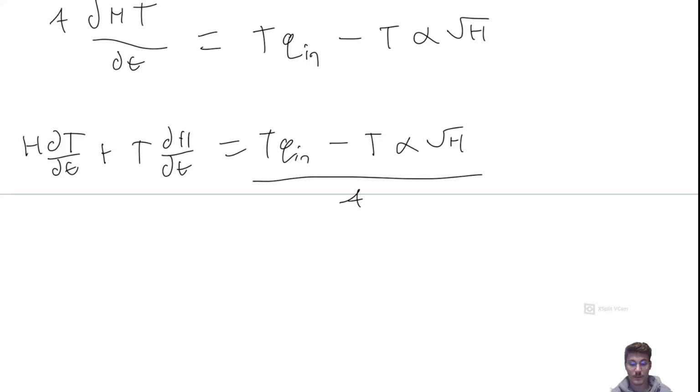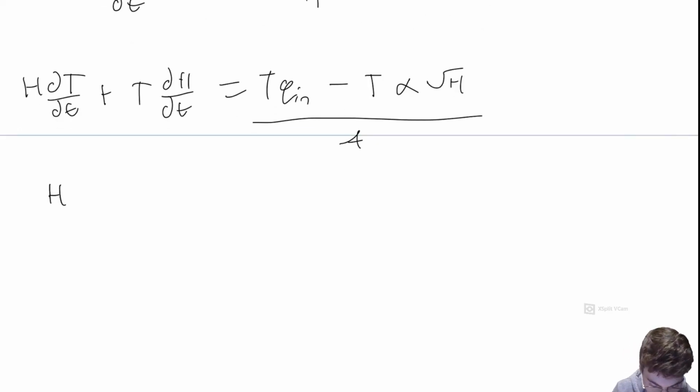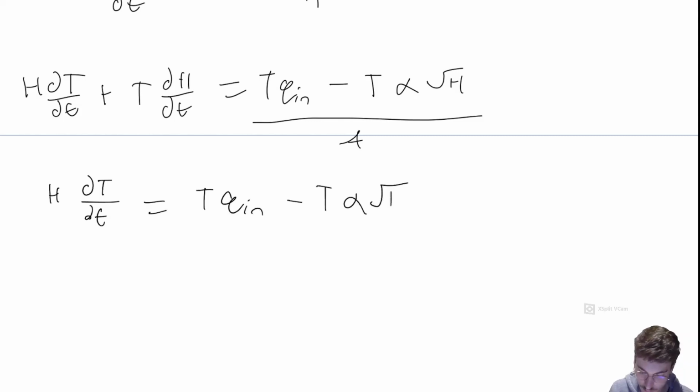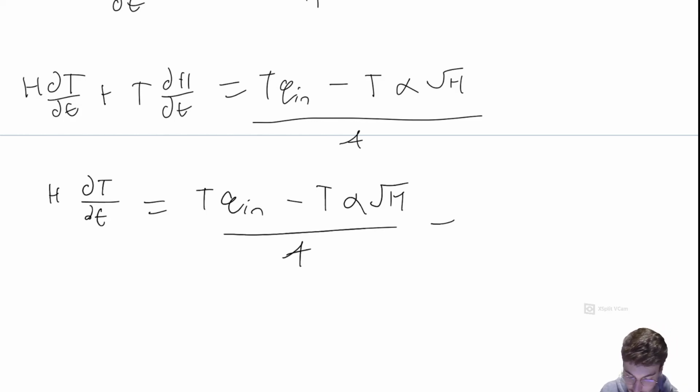So it'll end up being H dt, or no, we can't do that. H times the change in temperature with respect to time is equal to all of this again, H over the area, and then minus the first thing, so the temperature times the change in height with respect to time, and then we can just get rid of the H, so we can divide that over.